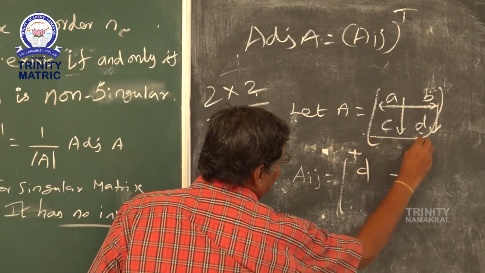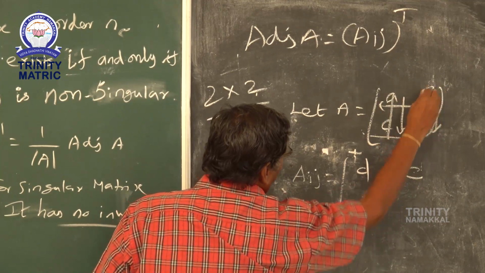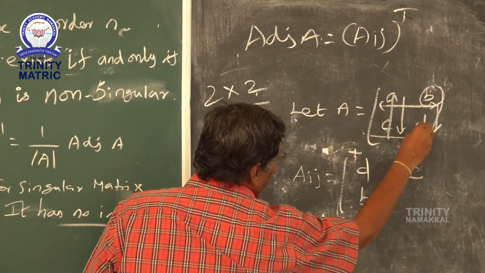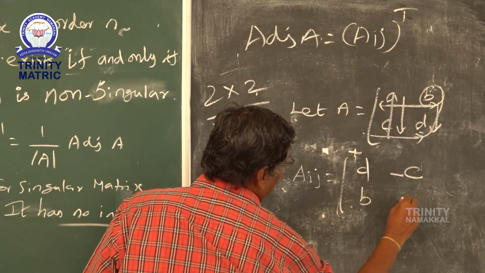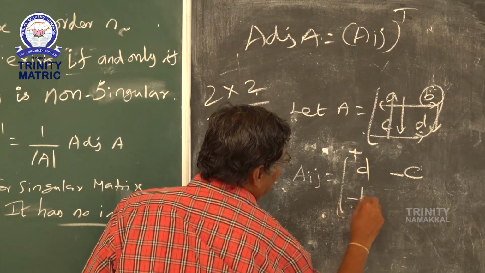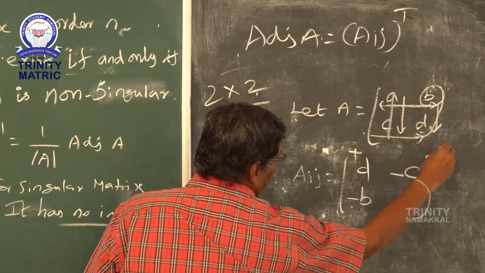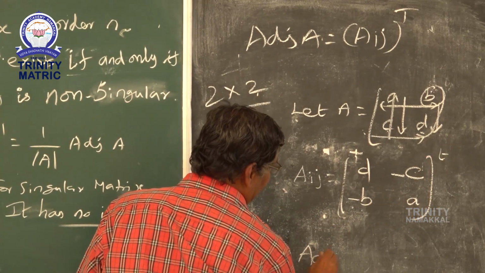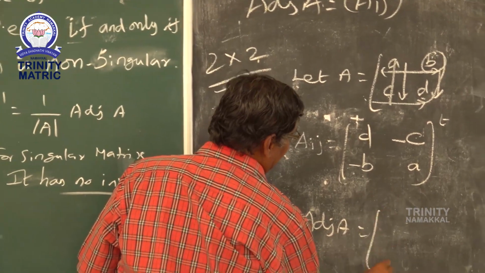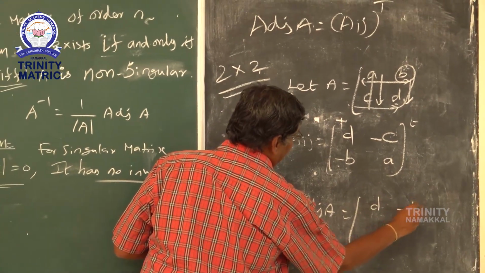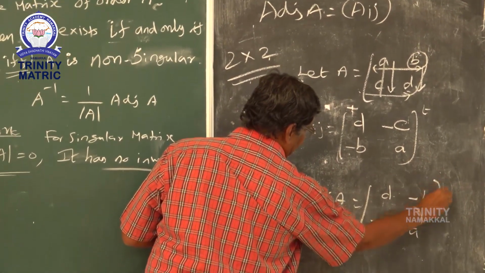Again, leaving this row and column, b will come with a minus sign, and a comes with the plus sign. Now we transpose this, and that is called adjoint A. Adjoint A is nothing but [d, -b; -c, a].